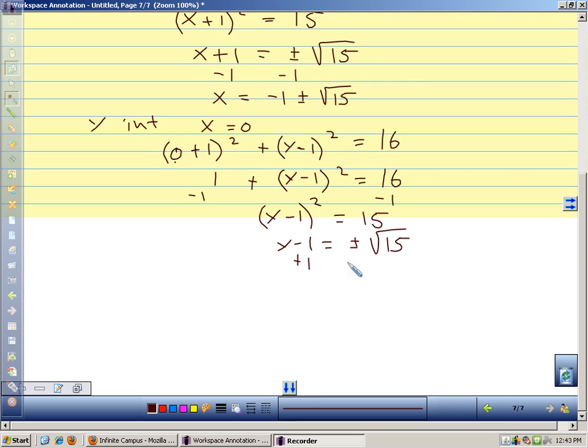Add 1 to both sides, and y equals 1 plus or minus the square root of 15. So I get my two numbers for my y-intercept there. So for my intercepts, I'm just plugging in x equals 0 and y equals 0, solving for the other variable. Any questions on that?